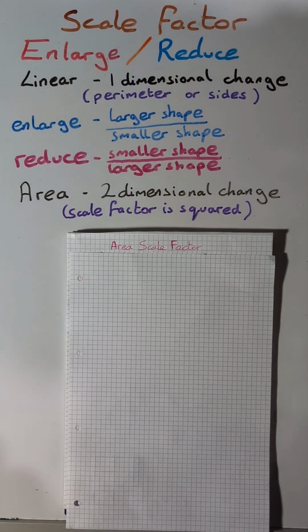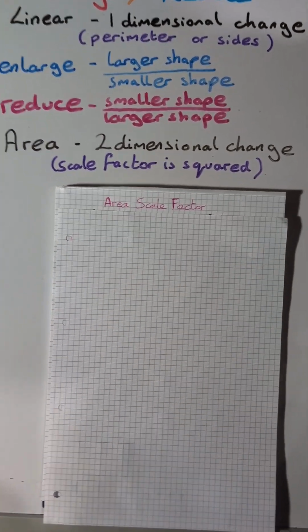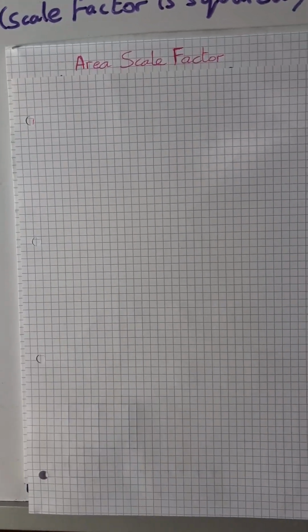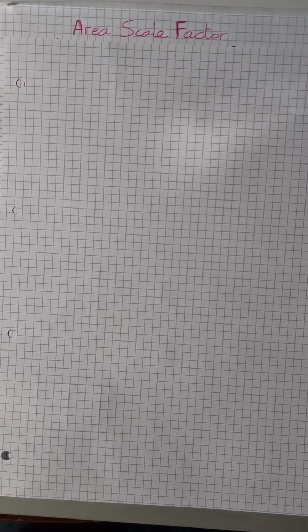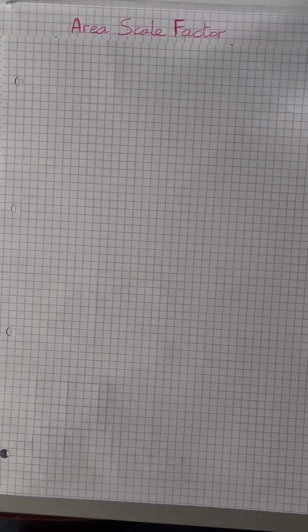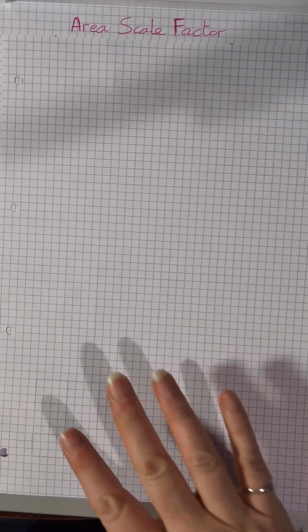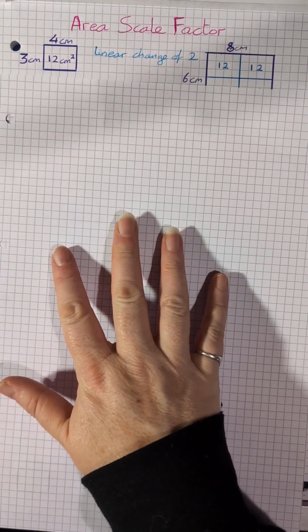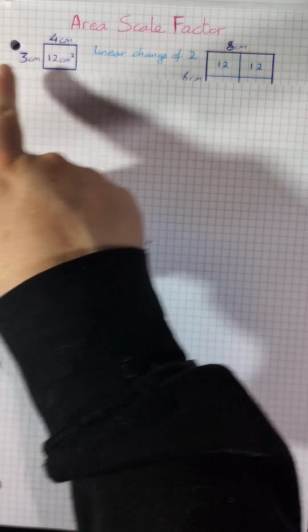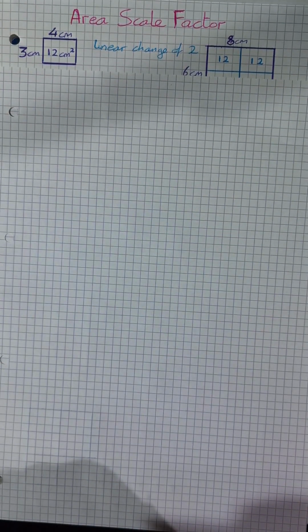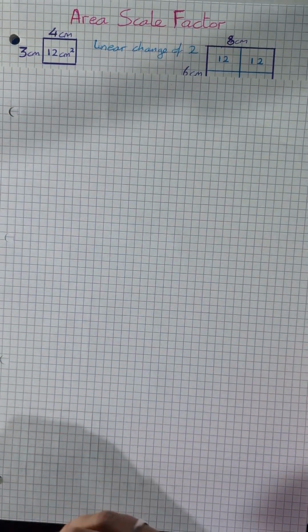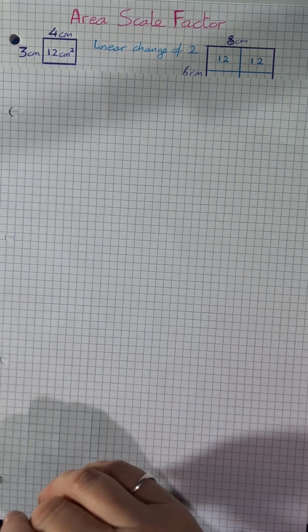So if I can zoom in, here we have our area scale factor sheet. If we have a shape here, a little rectangle 4 by 3, it has an area of 12 centimeters squared.